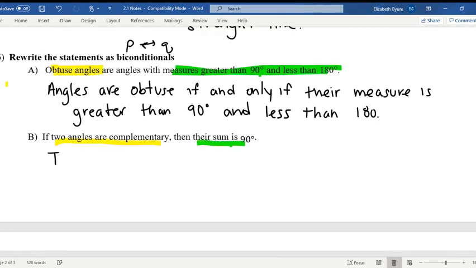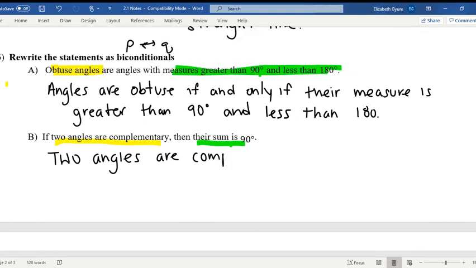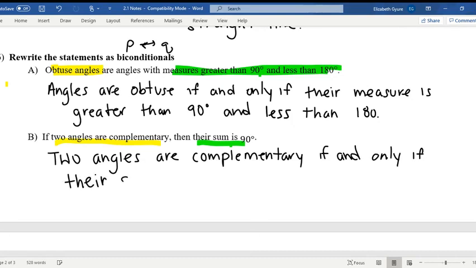So, two angles are complementary if and only if their sum is 90 degrees.